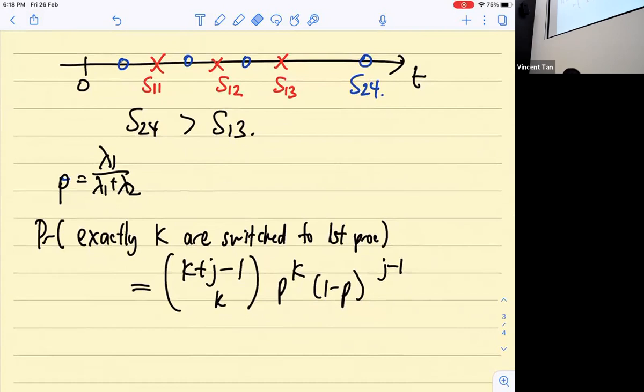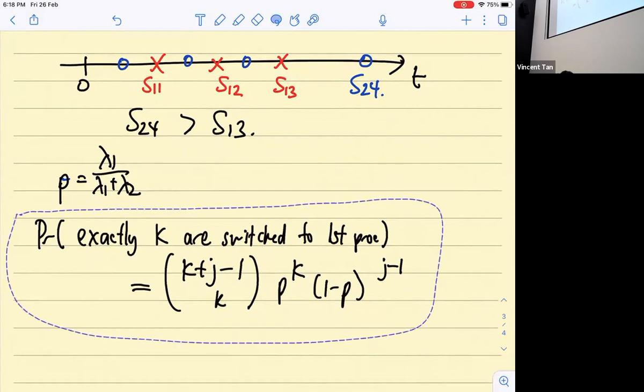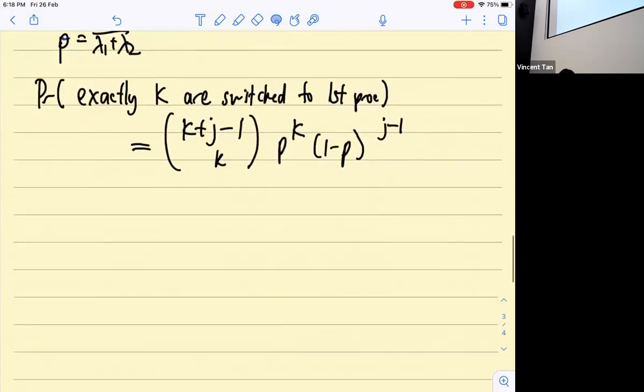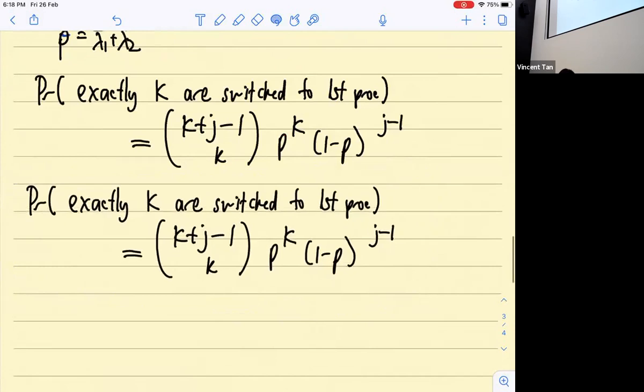Now, we can easily generalize this to the case in which we consider exactly, say, I bigger than K are switched to the first process. So we can just call this I, and we have K plus J minus 1 minus I here.